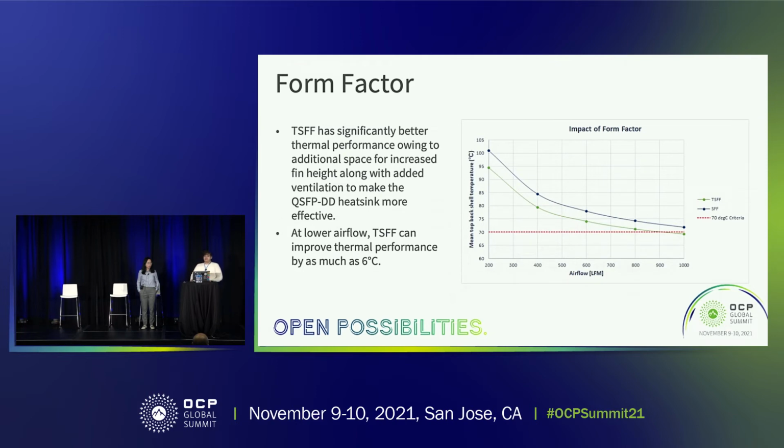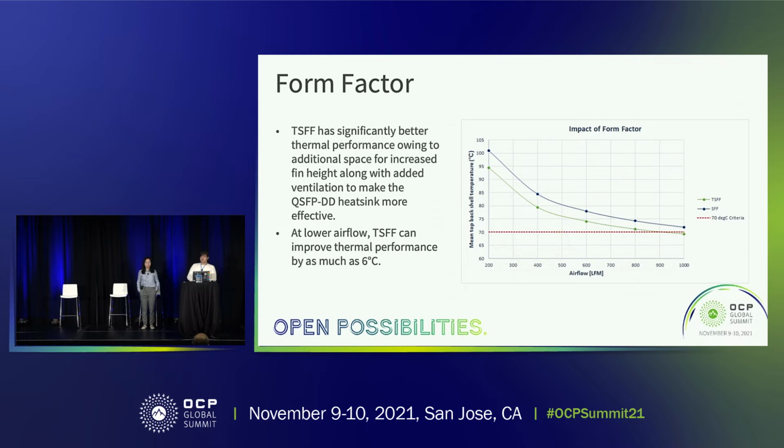Diving into the results, again, as we mentioned, we looked at the impact of the form factor. So based on this slide, we can see that when we move from the small form factor towards the tall small form factor, we do see a significant increase in thermal performance of the I/O, which is the QSFP-DD in this case, in terms of the mean top backshell temperature.